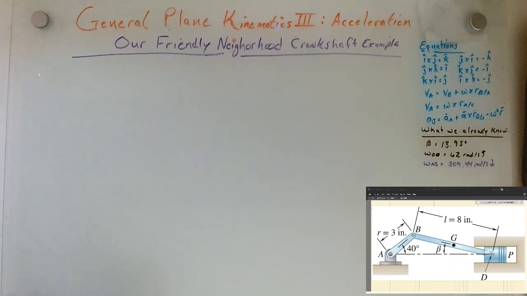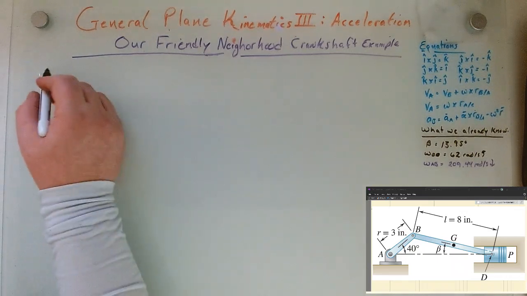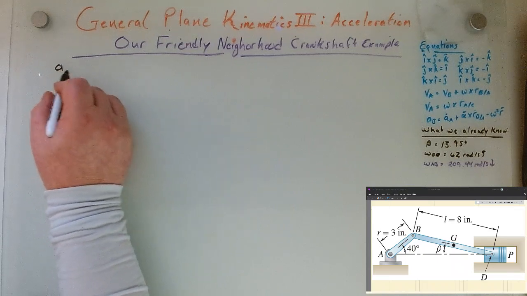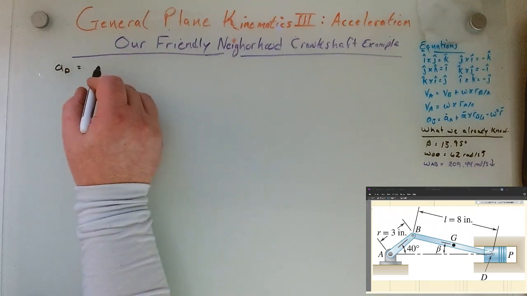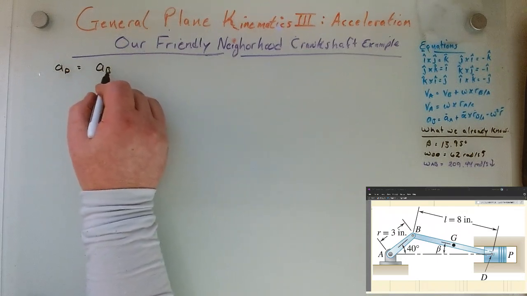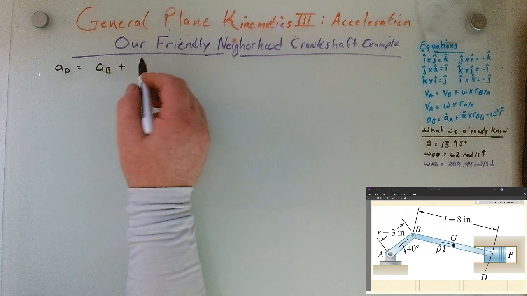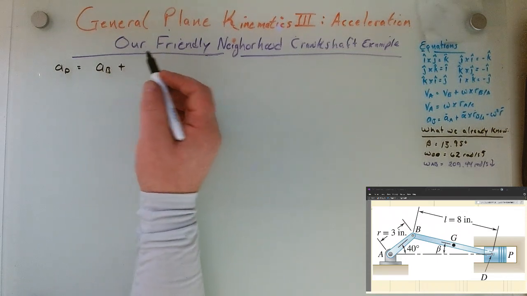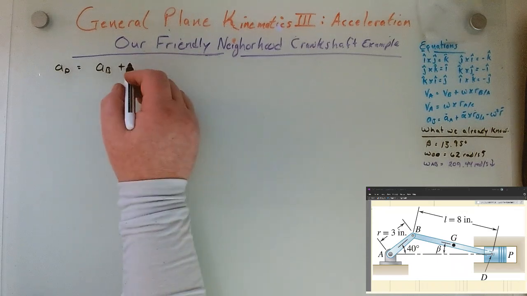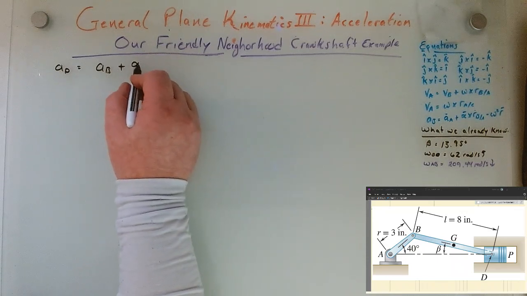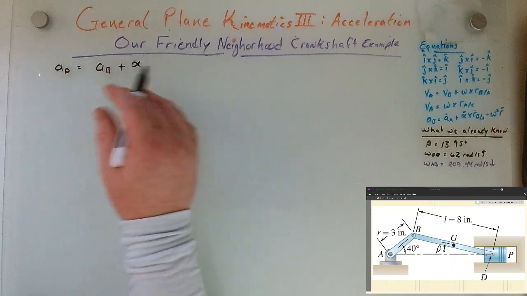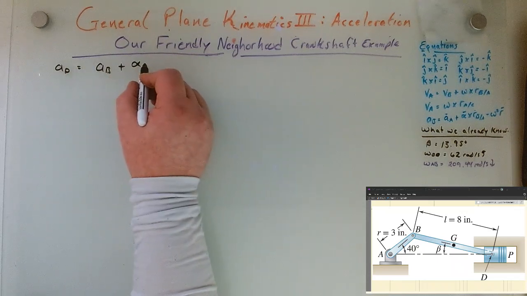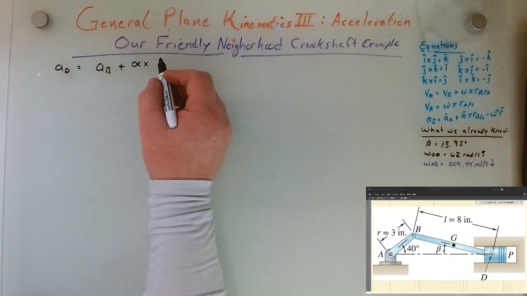In order to do that, we are going to use the long equation. So what is the long equation? It is A_D, which is what we're after. It's going to be A_B plus, and there are three ways to write this. I'm going to write this in the final form here, and then simplify it a little bit.